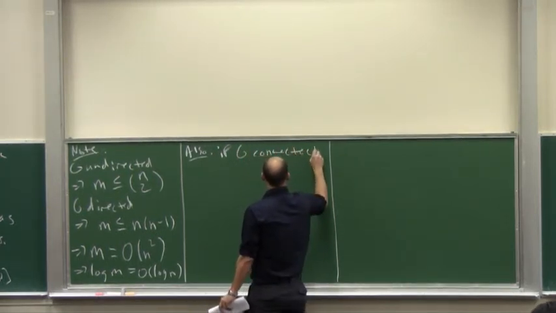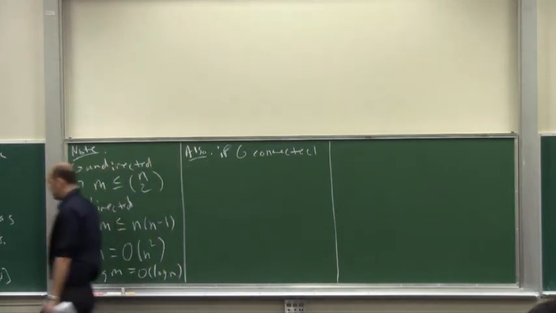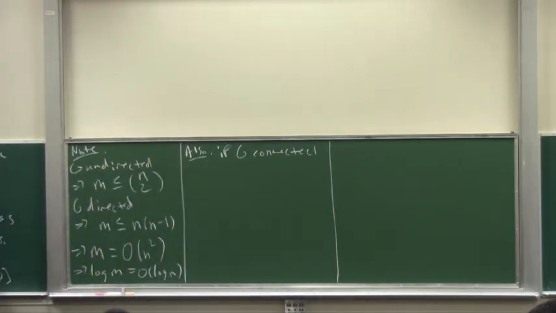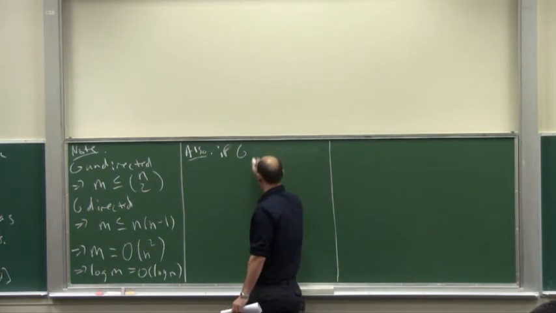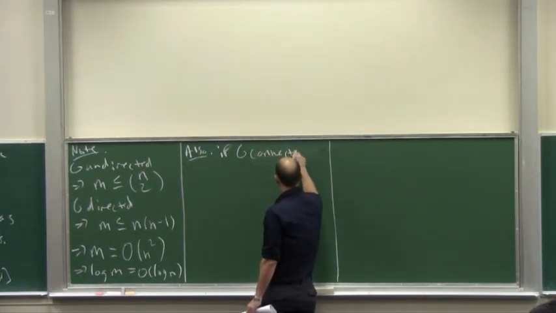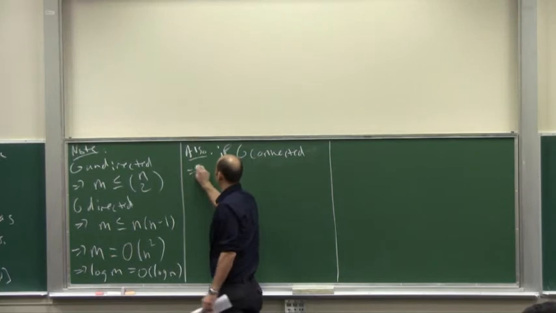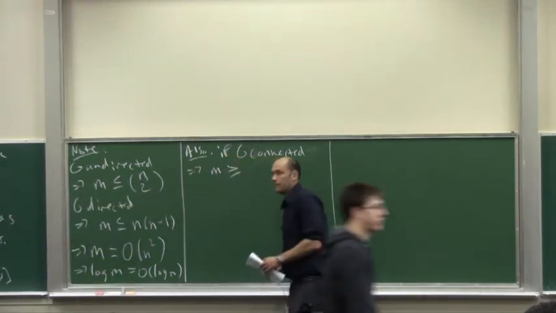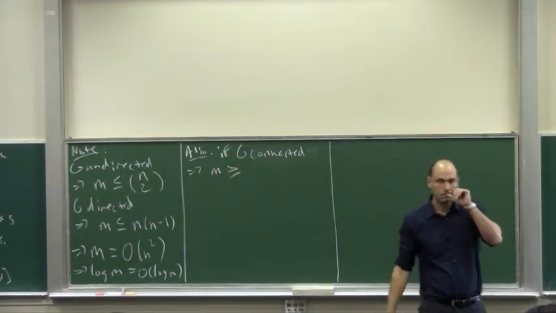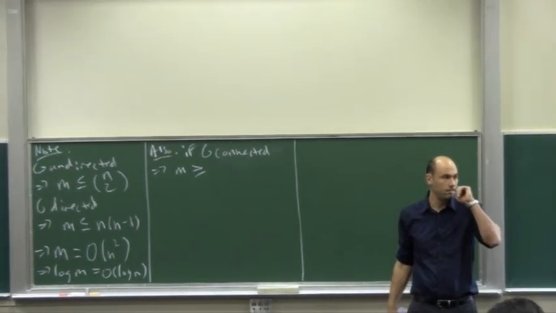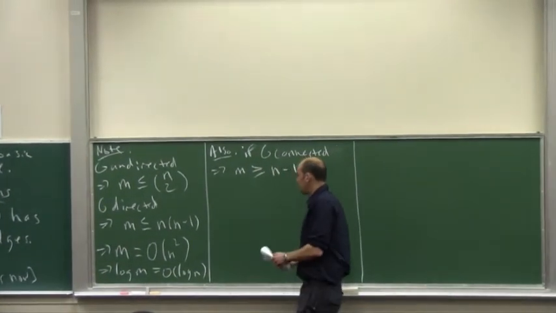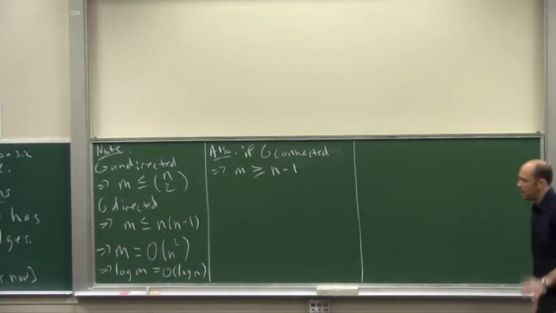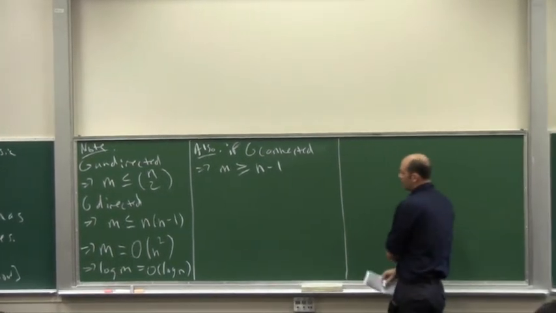So if G is connected, and we'll talk more about what that means later today, but I think you know intuitively what I mean, how many edges does it have to have? Yeah, n minus 1. That's right. Probably you've all seen that before in 103. If you haven't, we'll talk more about that later.